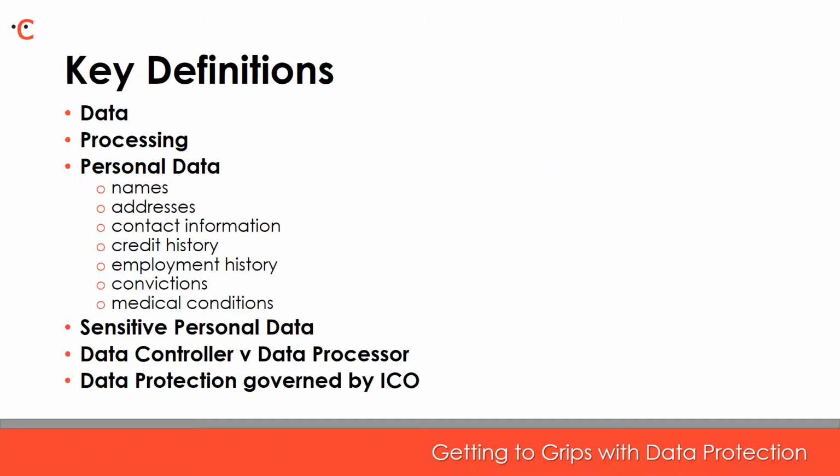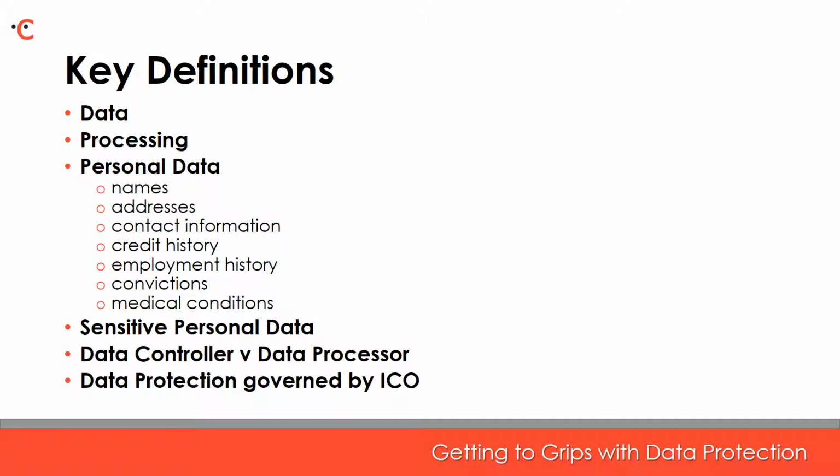So data protection law concerns the processing of personal data, but even that has a number of definitions within it. Data protection law applies to data controllers in the UK where personal data is processed in the context of that establishment. So data is information which is either processed by automatic means or manually processed in a filing system which is logically arranged, known as a relevant filing system. It includes filing records and online records.